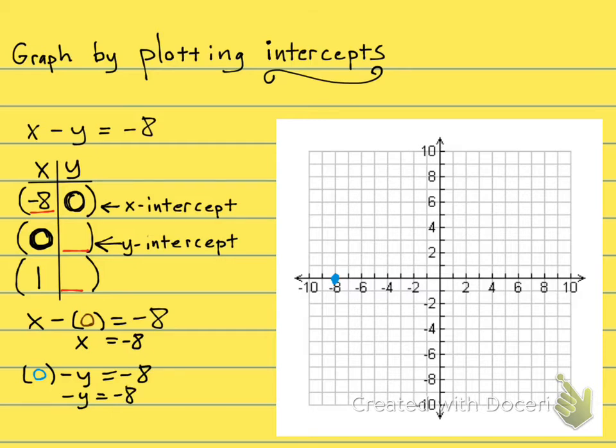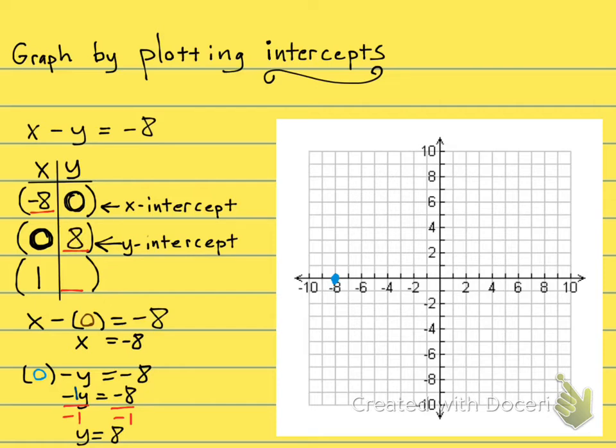And my y is not by itself. I need to divide out this -1. So now I will see that a positive y equals -8 over -1, which is a positive 8. All right, here's my y-intercept, 0, 8.